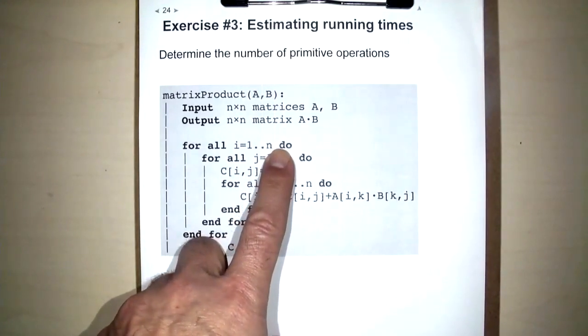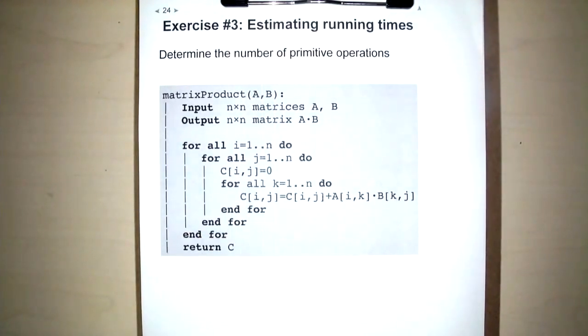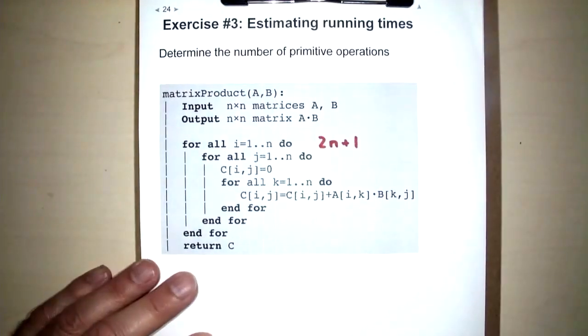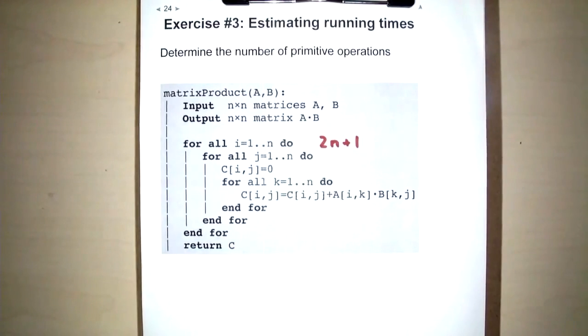How many primitive operations would we need? 2n plus 1. Yep, so as usual, counting the comparison to determine whether we have reached the end of the loop as one primitive operation, which we have to do n plus 1 times, and the increment of the index variable at the end of every loop, we have to do that exactly n times. Then this inner loop.